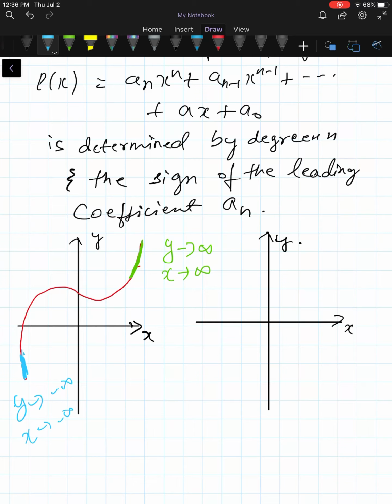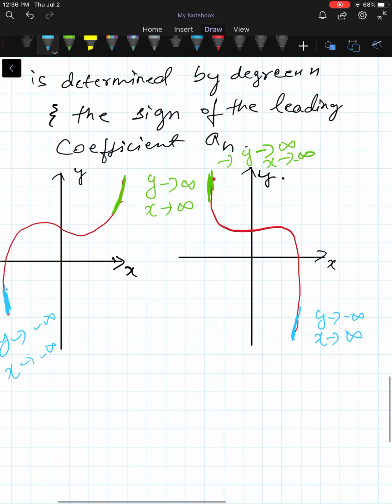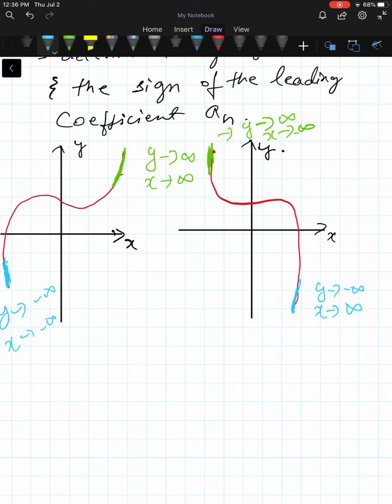So if you have the opposite of this, that is, if you have a graph something like this, okay, the green part tells you that y is tending to positive infinity as x tends to negative infinity, because it is in the second quadrant, and the blue part will imply that y tends to negative infinity as x tends to positive infinity.